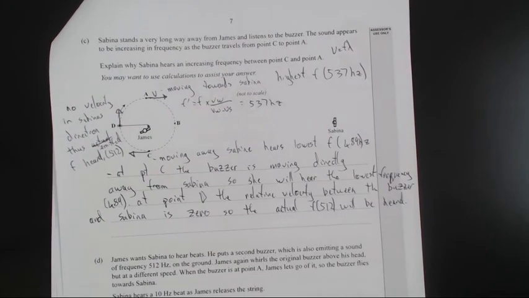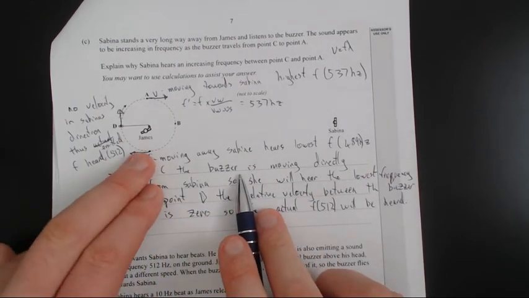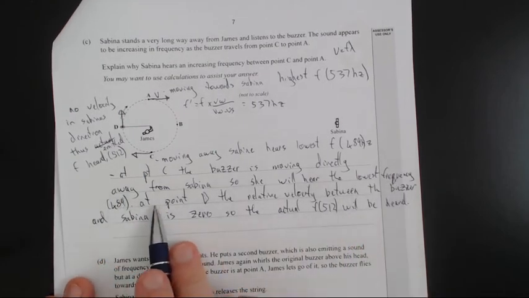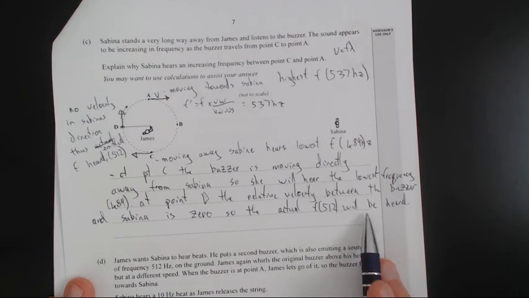Right, so what I've written here, I'll fast forward my writing. So at point C, the buzzer is moving directly away from Sabina, so she'll hear the lowest frequency, 489. At point D, the relative velocity between the buzzer and Sabina is 0, so the actual frequency, 512, will be heard.